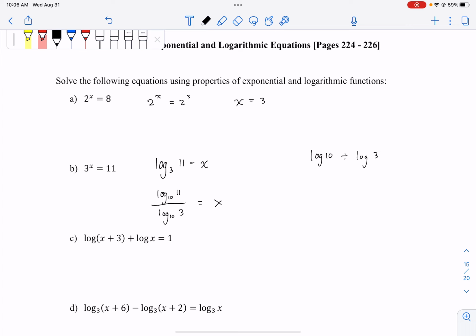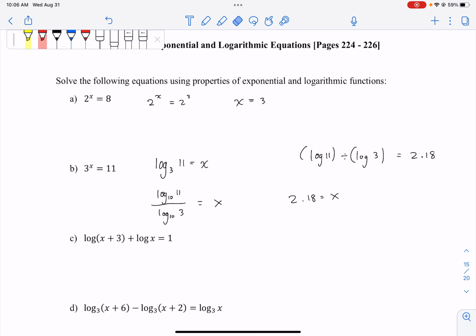I personally like to put brackets around so that it doesn't get really mixed up. You don't have to. So let me type this in, log, oh, sorry, it should be log 11. Log 11 divided by log 3, and that gives you 2.18. And that's x. So 2.18 is equal to x.